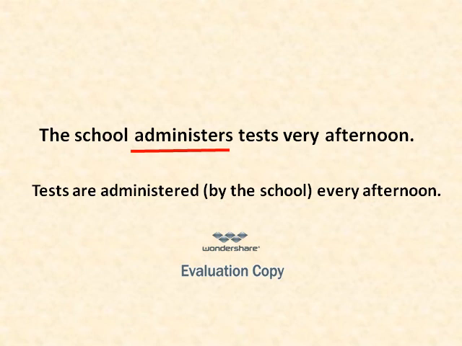So the verb administers is in the simple present tense. The verb be, in this case are, is in the simple present tense, and we use the past participle of the main verb, administers, which becomes administered. Notice that I put parentheses around by the school. That would be optional depending on the context of the sentence.